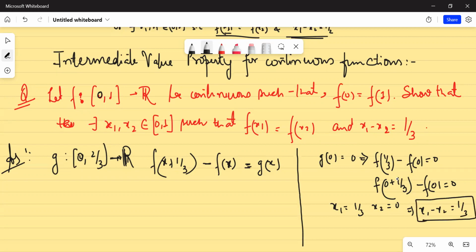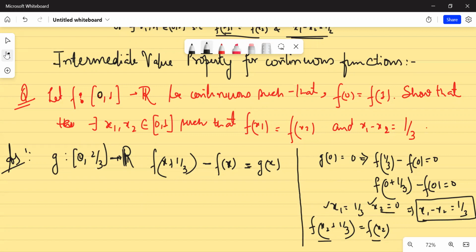And here, instead of f(x1), I have written f(x2 + 1/3), right? Is that clear? So here there is nothing to prove, because x1 would be equal to 1/3 and x2 equal to 0. It satisfies this statement, as well as this, because f(x1) means f(x2 + 1/3). So clearly f(x2 + 1/3) is equal to f(x2) with given x2 equal to 0.